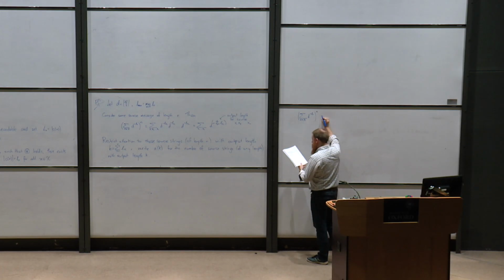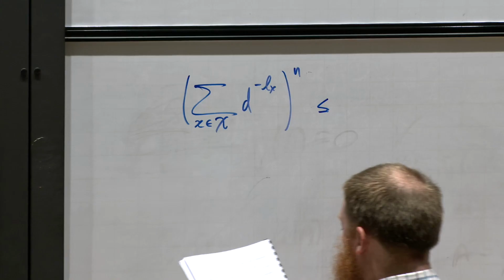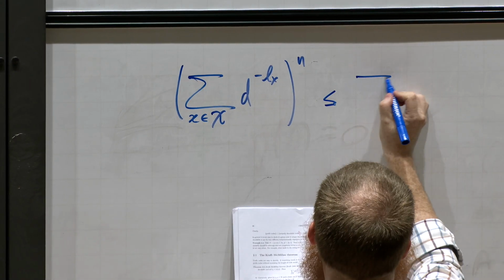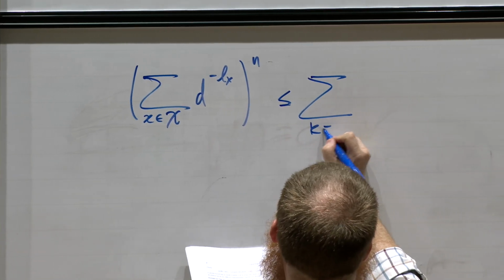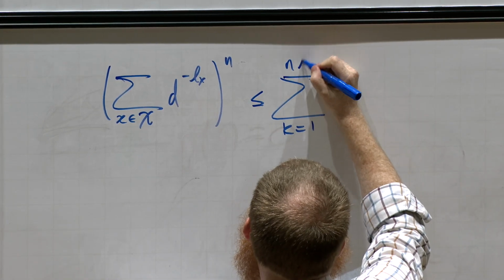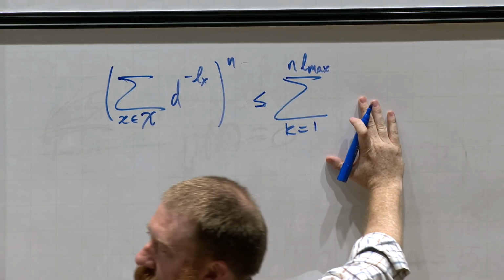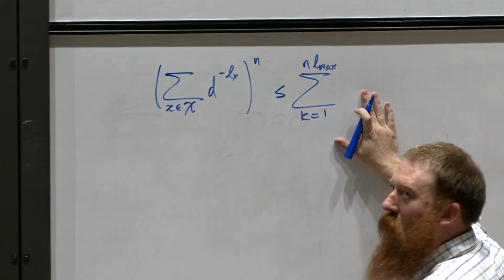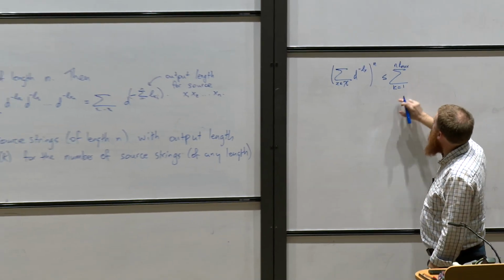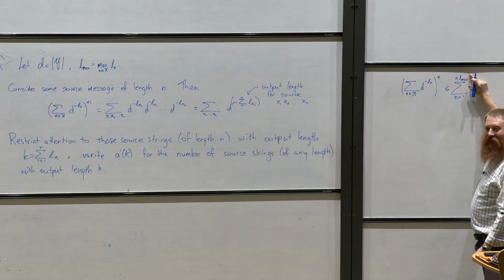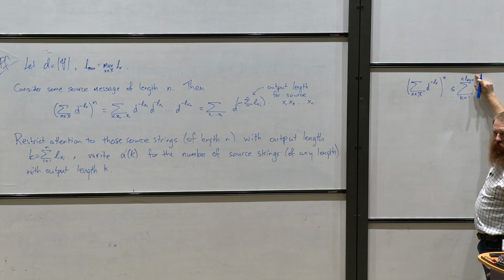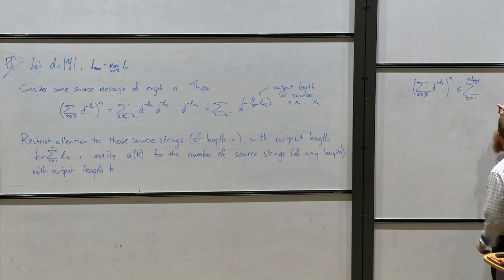Well, this has to be less than or equal to the sum from k equals 1 to n L max. So if I think about all of the strings of length n, what output lengths could they be? Well, they could be length 1 up to length n times L max. That's the longest string I could get as an output.